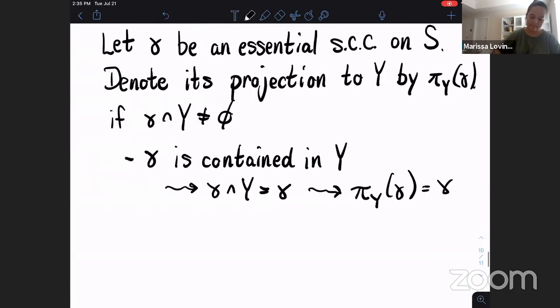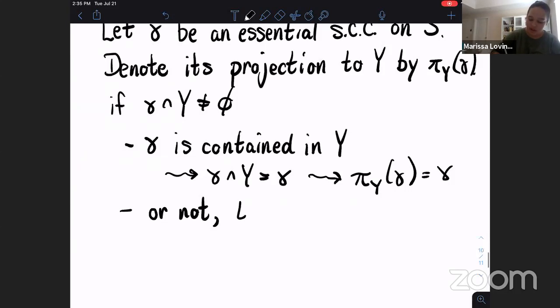Okay. But maybe it's not fully contained in Y. Then what does this intersection look like?